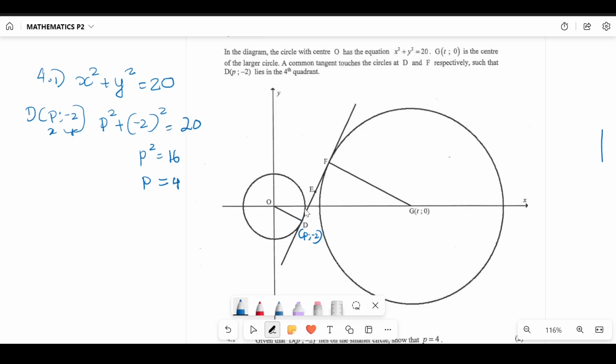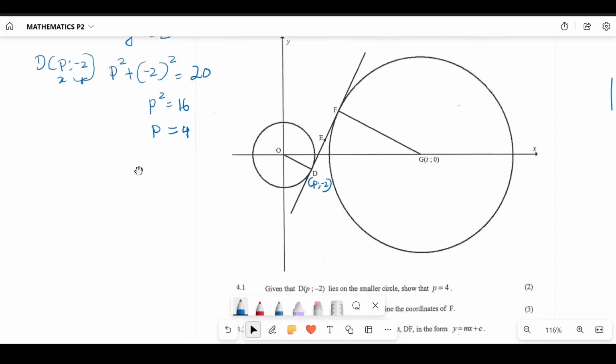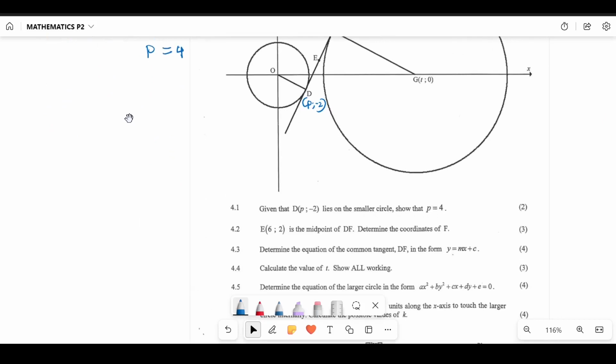So p equals 4, which is what we had to show. That also means the coordinates of D are (4; negative 2). Now 4.2.